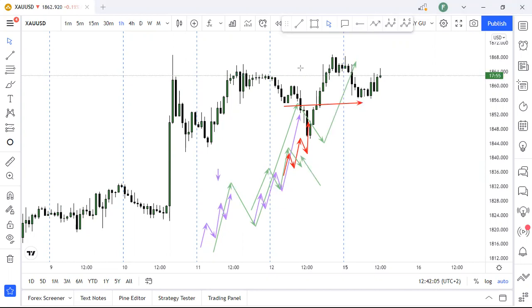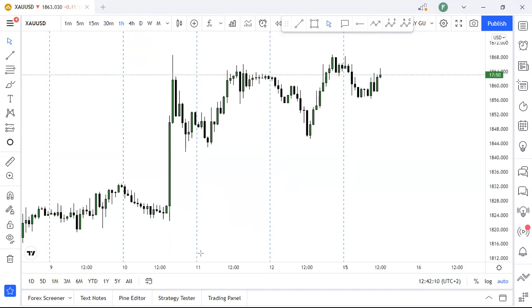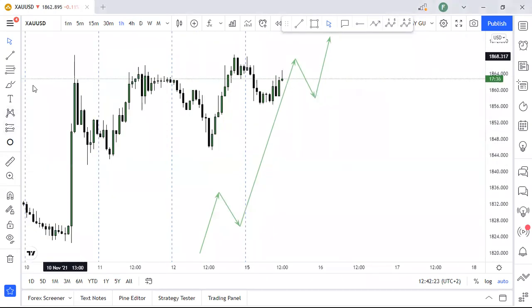Let me redo that again. Let's say we have 1, 2, 3, 4, 5, right? This is our 5 wave. Then inside it we want to count our 5 wave in the third wave.